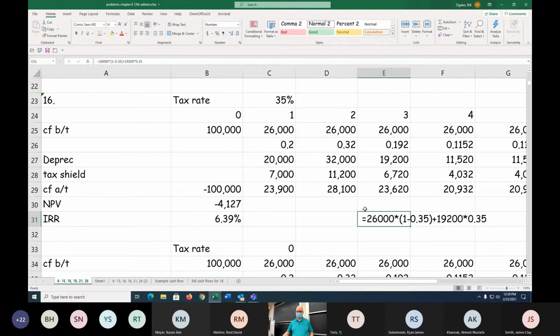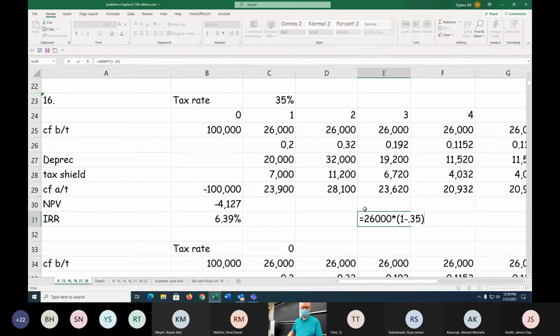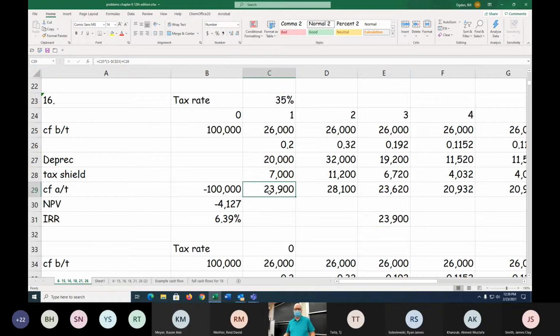So it would equal 26,000 times 1 minus T, plus, in the first year we can take 20%, and the cost is 100,000, times T. So I get the cash flow of 23,900.